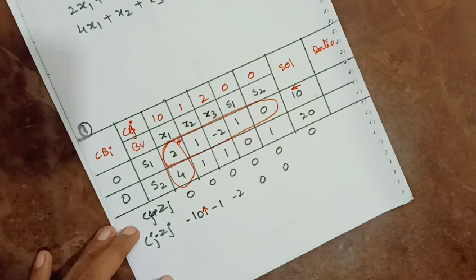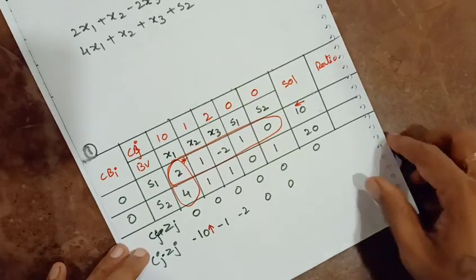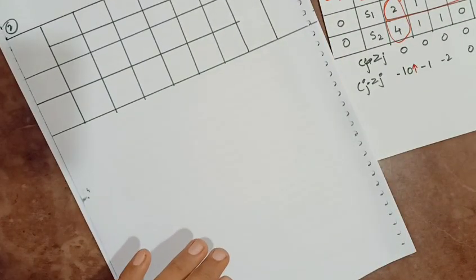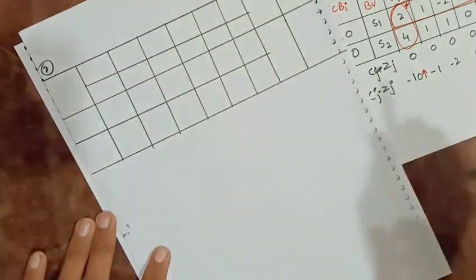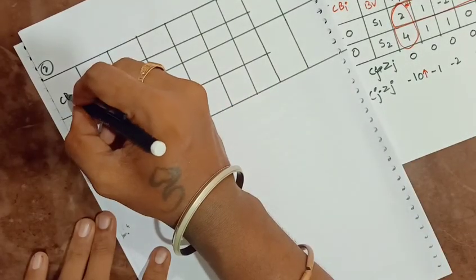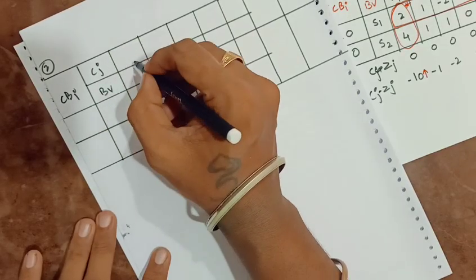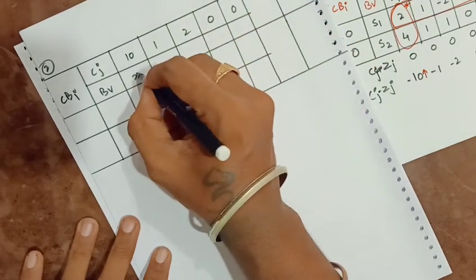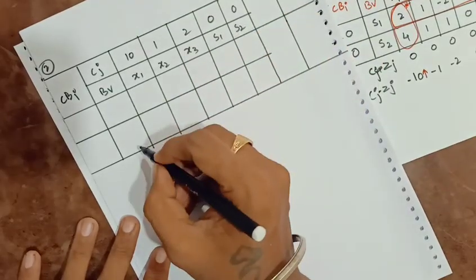So here in the second iteration table, we will have the second iteration table. In the second iteration table, again the same format, that is CBI, Cj, basic variable, so 10, 1, 2, 0, 0, x1, x2, x3, s1, s2.